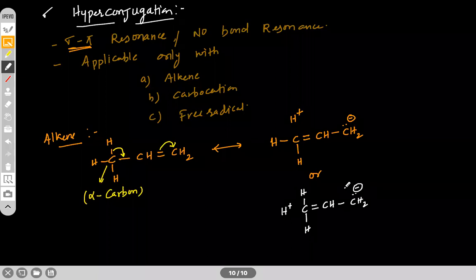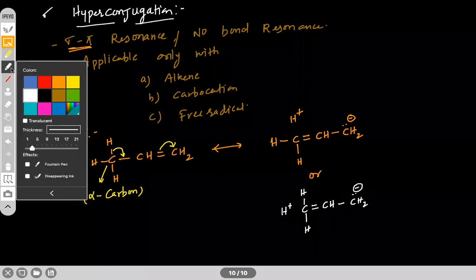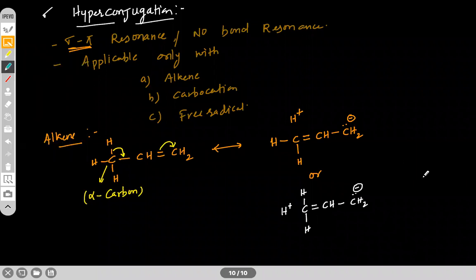This is also possible. One more structure possible here, which is this. H, C, H, H plus, double bond CH, single bond CH2, and negative charge on it. These three structures we can draw in this molecule.